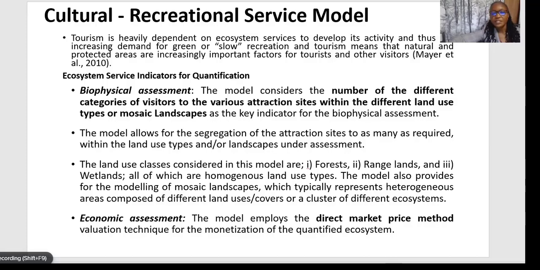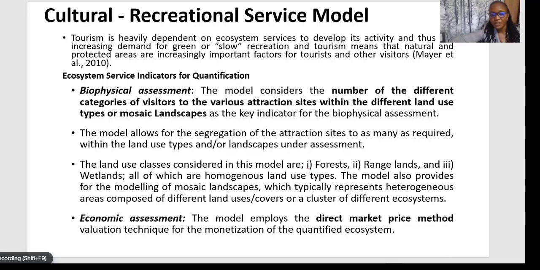The land use classes considered in this model, like I've just said, you can have forest. If the only landscape within that ecosystem is a forest, the rangelands, wetlands, and all of which are homogeneous land use types. The model also provides for the modeling of mosaic of landscape, like I've said, because we looked at Sudi wetland, which is within a certain national park, and there are quite a number of attraction sites there in southern Sudan.